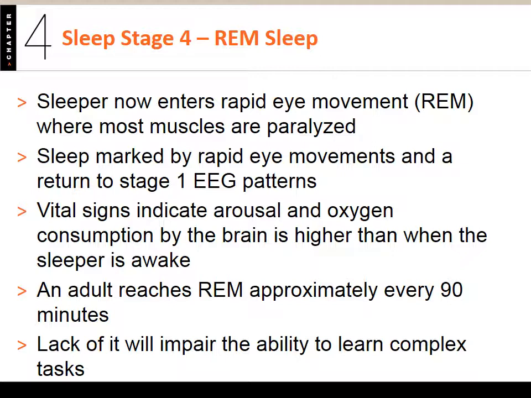The vital signs indicate arousal and oxygen consumption by the brain is higher than when the sleeper is awake. That's with good stage 4 sleep. But if you don't get that far, then the brain isn't getting nourished with that oxygen flow, which goes back to the first point here of the muscles being paralyzed.